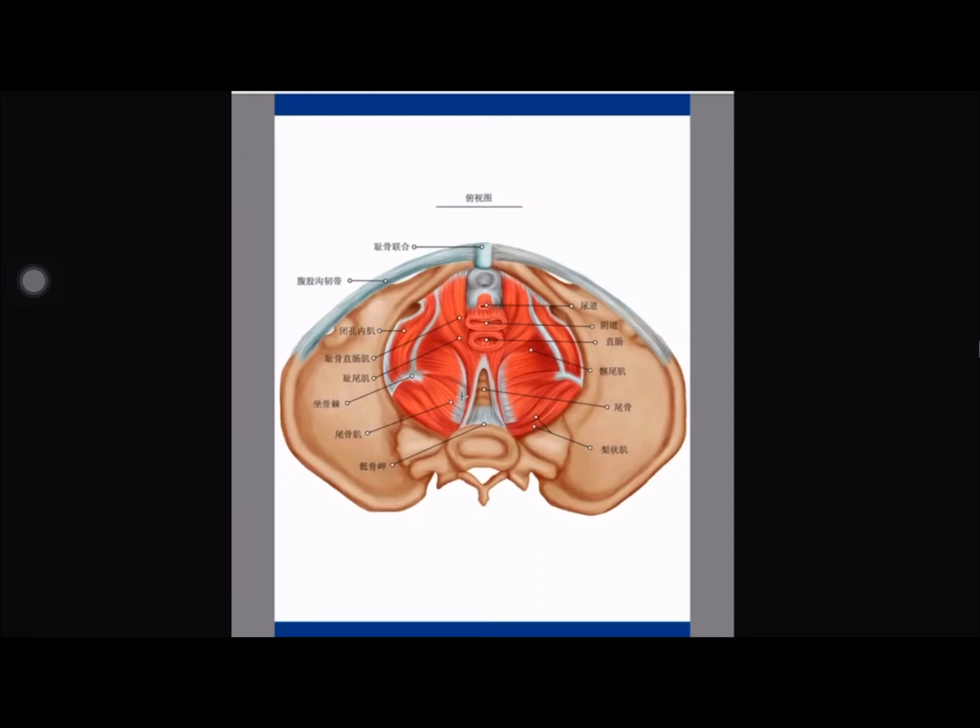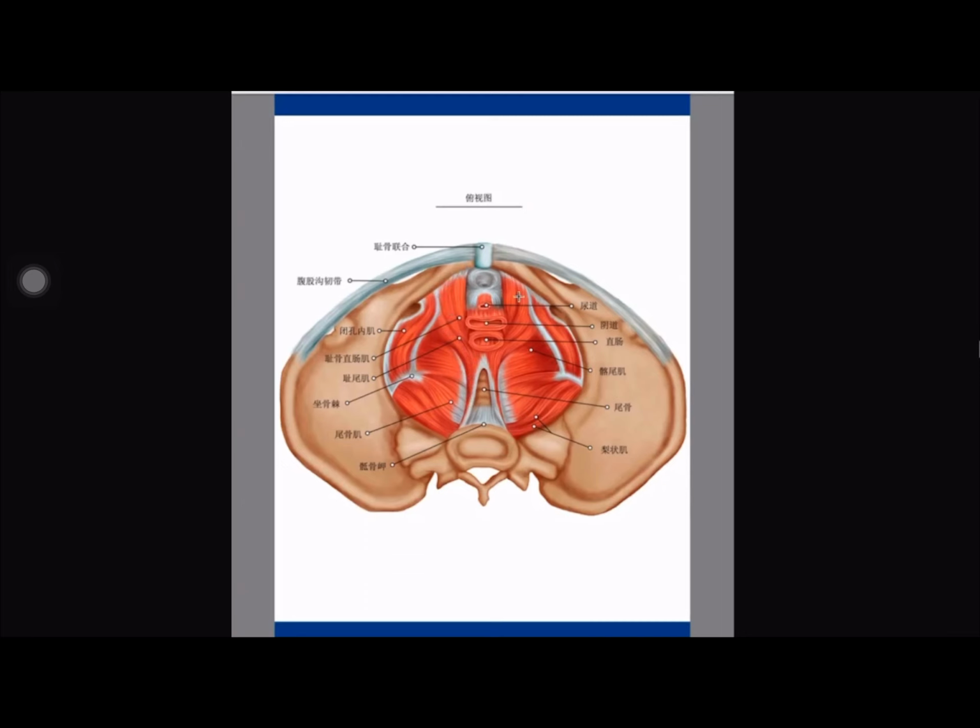And they hold up the organs, the bladder, the uterus, and the rectum. So the ones that you really need to be looking at are the muscles, this muscle here that runs all the way from the tailbone around the 3 openings and all the way up to the pubic bone. This is the pubococcygeus.